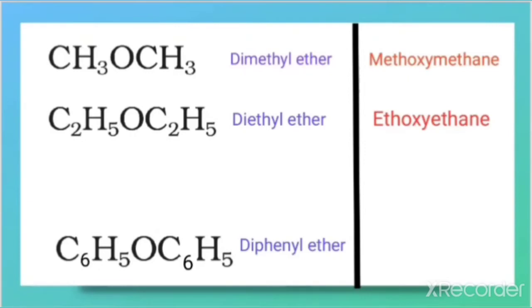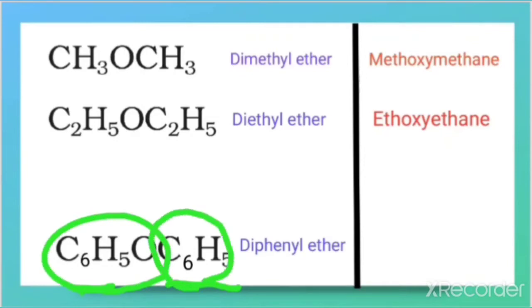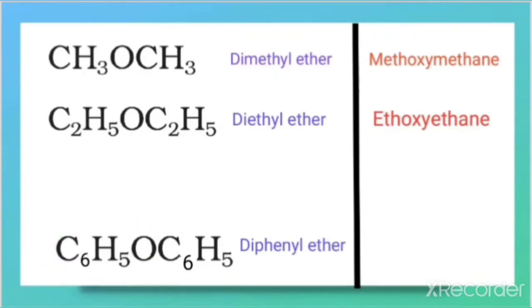The next one here, because C6H5, if it is taken as a group, is named as phenyl, but when it is taken as a main chain, then it is named as benzene. So C6H5O can be named as phenoxy, but if it is taken as a main chain, then it is named benzene. So what is the name for this one? That is phenoxybenzene.